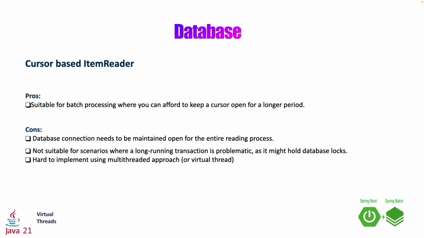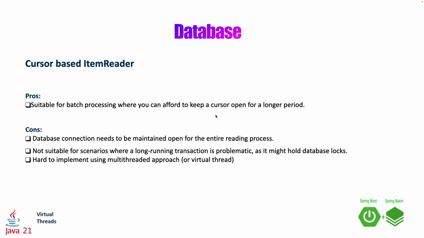So guys, before moving further, we can see some advantages of using this approach. This is very nice, where you can afford to keep a cursor open for a long period of time. During the execution of batch processing, let's say the execution of your chunk, you will hold the cursor open. So it will set a pessimistic lock on the database, depending on the vendor.